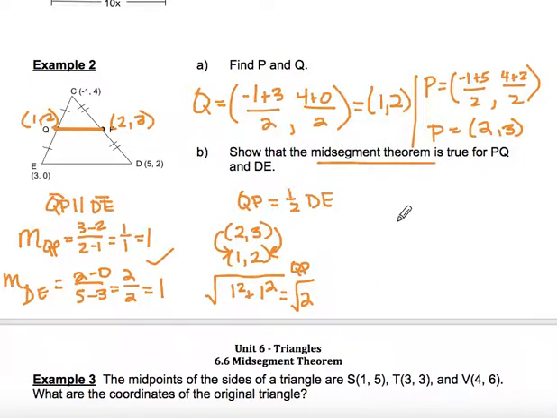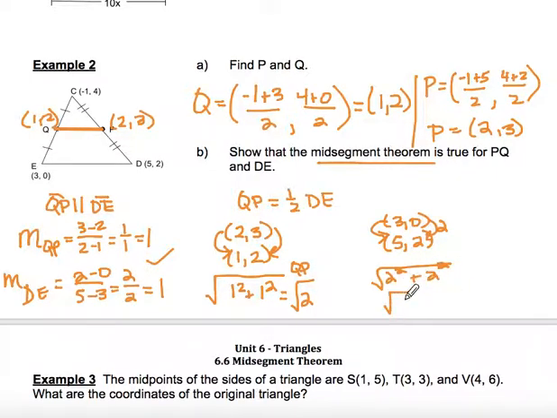So now to find DE, I'm just going to stack those coordinates. So between 3 and 5, that is 2 units. From 0 to 2, also 2 units. So 2 squared plus 2 squared, 4 plus 4 is 8.